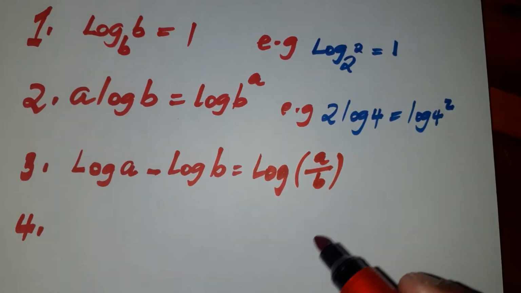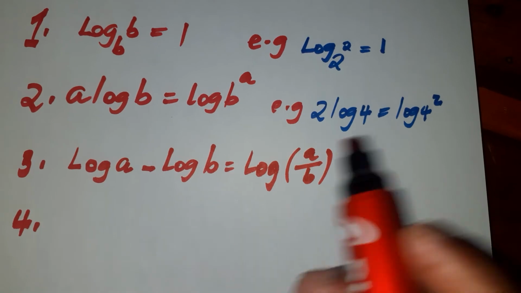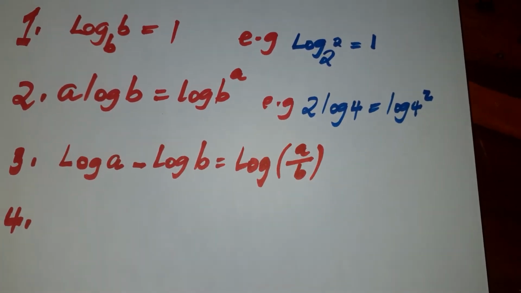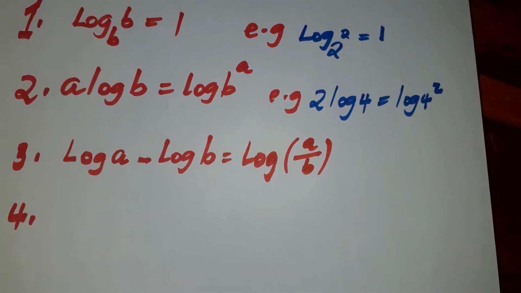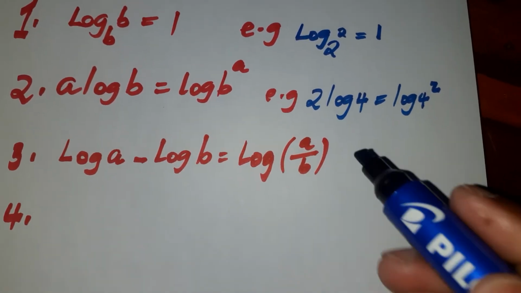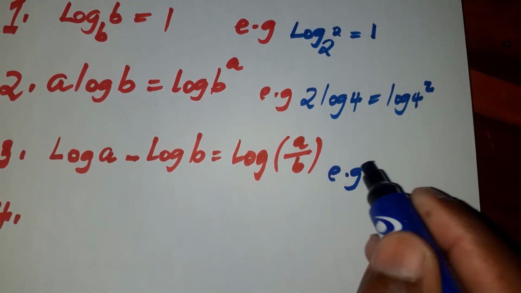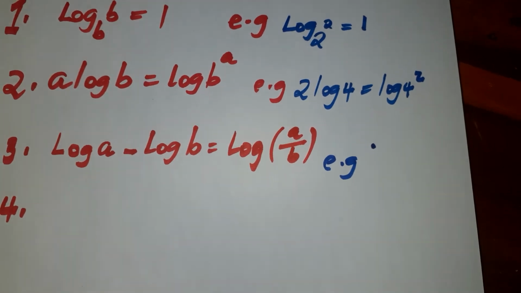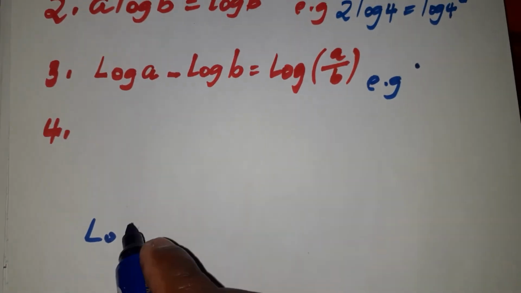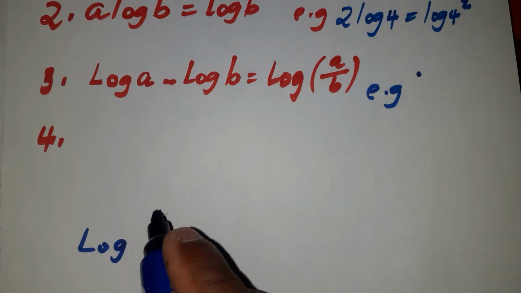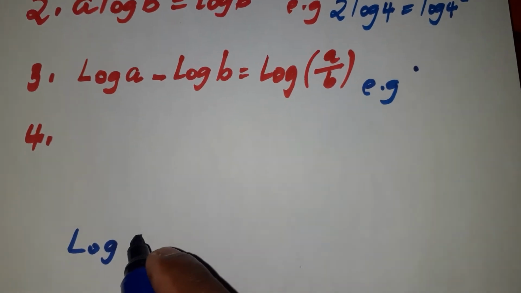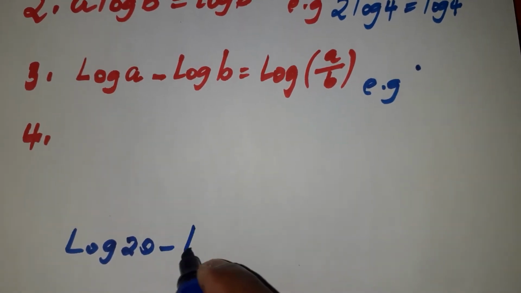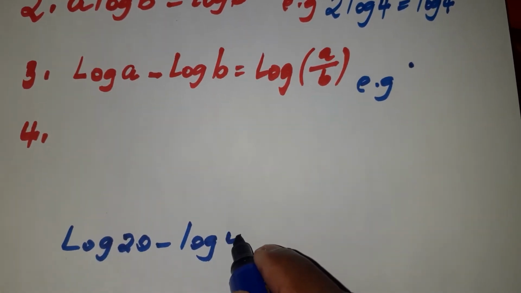You can have your own example. Just replace the a and the b by numbers, and then you'll see what you can get. But for interest's sake, suppose you have log of, let's say, 20 minus log of 4.